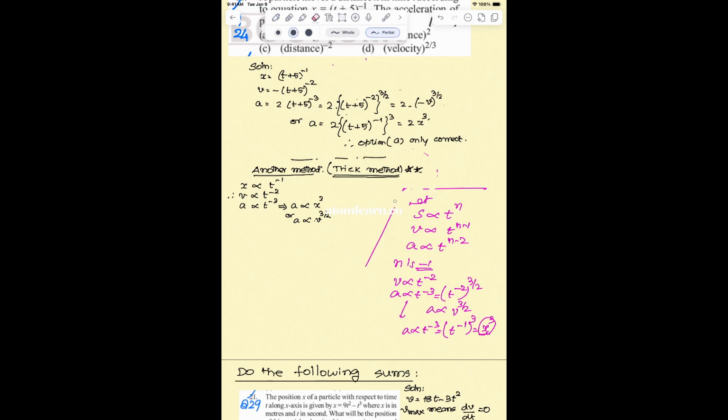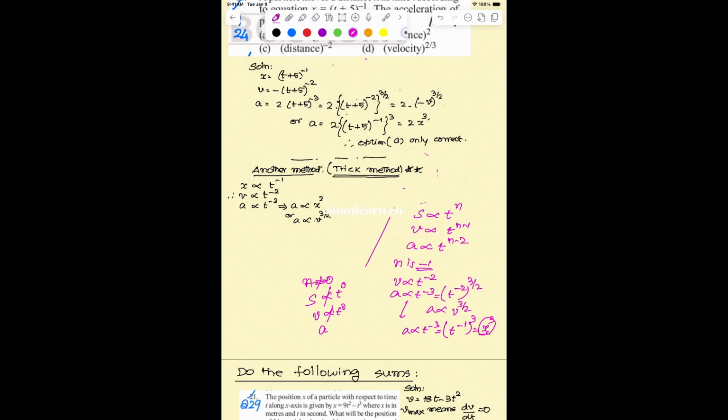Now this can be applied, but you should be careful about one exception: n should not be equal to 0, because n equal to 0 means a constant function, because t power 0. That means displacement should not be proportional to t power 0, or velocity should not be proportional to t power 0.